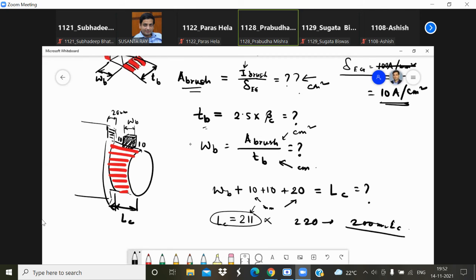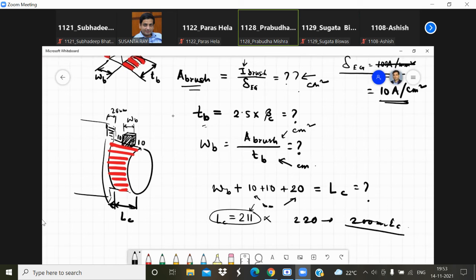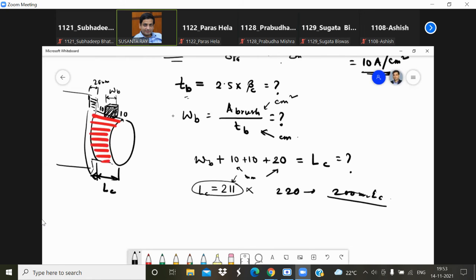Sir, for our 120 kilowatt machine, LC comes to 70.84 millimeter. Okay. For a 160 kilowatt machine, my LC is 103.46 millimeter. Okay. Sir, for a 110 kilowatt machine, my LC is coming out to be 120.79 millimeter. It's okay.